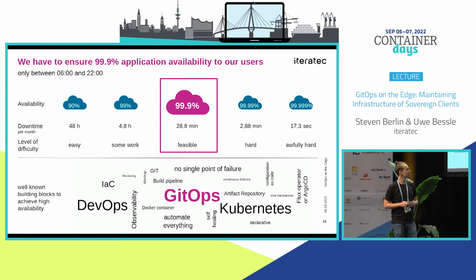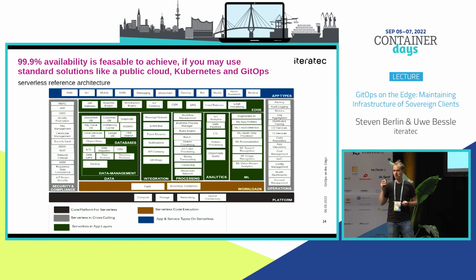And when it comes to availability, we have the common tools in use from the infrastructure and DevOps area, like GitOps, implementing DevOps, having Kubernetes in place, and all the fancy tools you have heard about today and yesterday. Okay, let's check out how this would be addressed in a normal case.